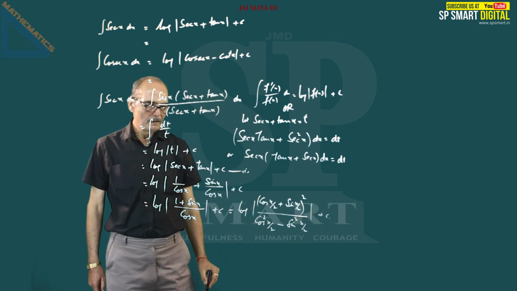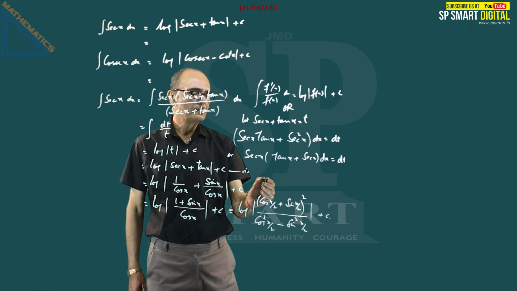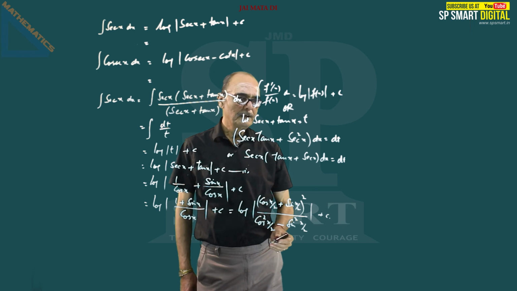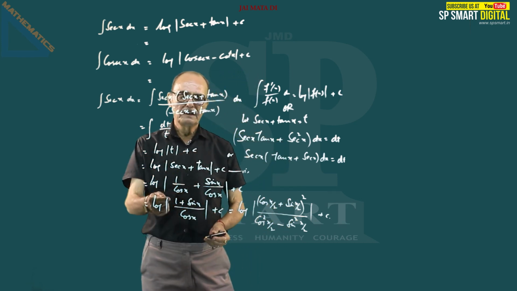These are very popular formulas: 1 plus sin x equals cos x by 2 plus sin x by 2, squared. Otherwise, if you want to confirm it, you can square it and you get the result.